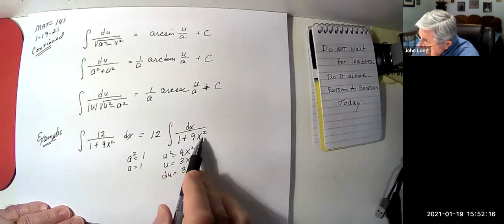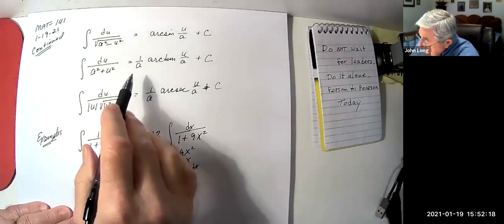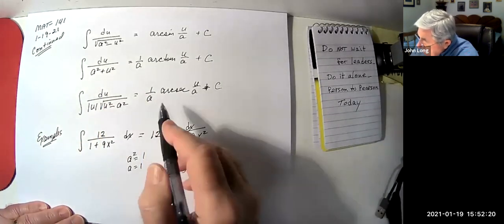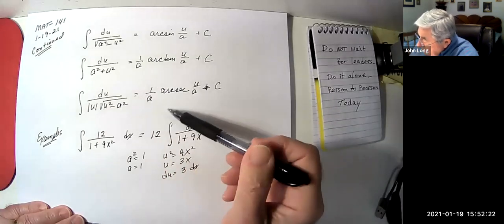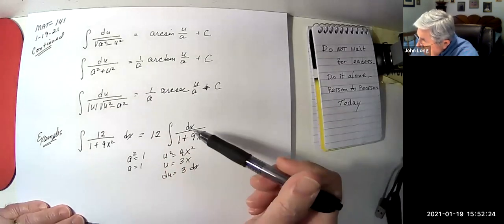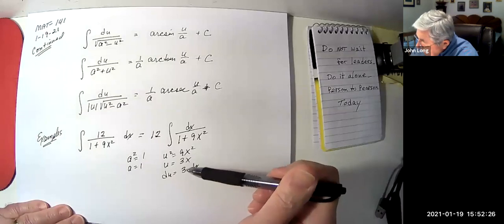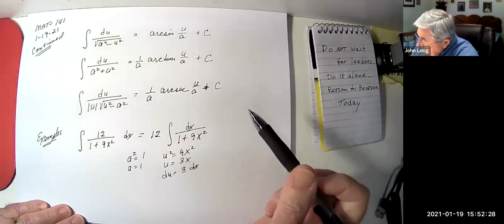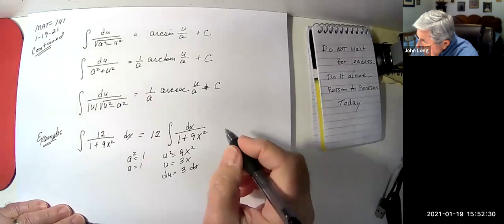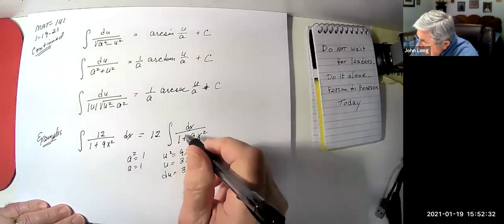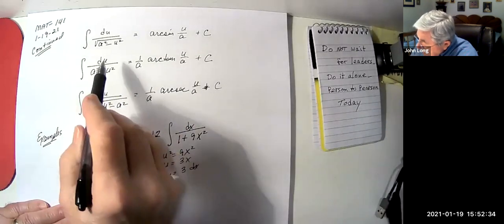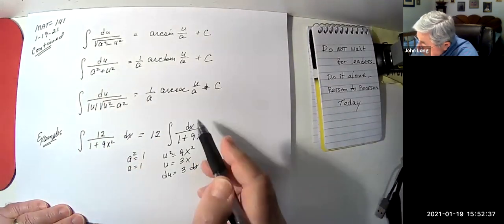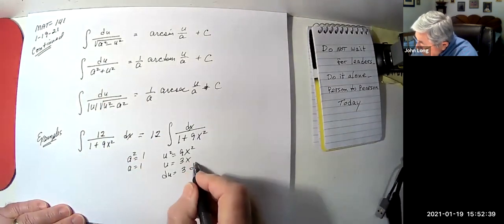Now, clearly, this is a problem that's using the arctangent formula, but you see that 1 over a, arcsecant u over a, you need to have what u is, a, all of these parts need to fit in there. And so far, though, this formula doesn't work because we don't have the du on top. Du is 3 dx.